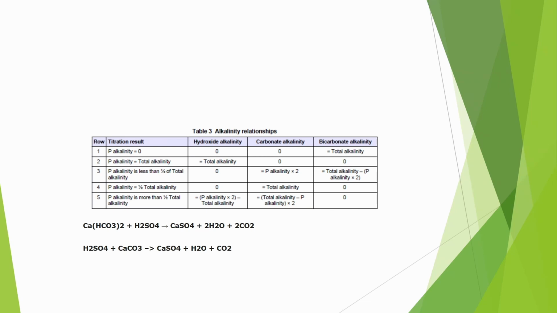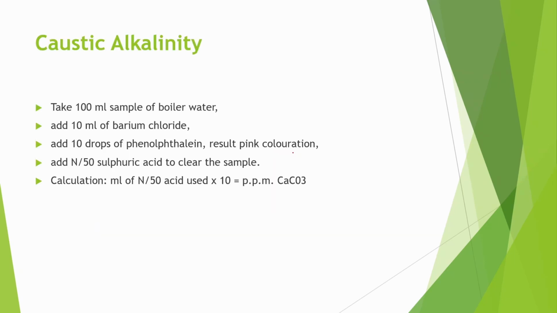If P alkalinity is equal to the total alkalinity, then it indicates that the total alkalinity is due to the hydroxide alkalinity, because no carbonate or bicarbonate is present. And similarly, if P alkalinity is less than half of total alkalinity, then it means that the total alkalinity is due to the carbonate alkalinity.